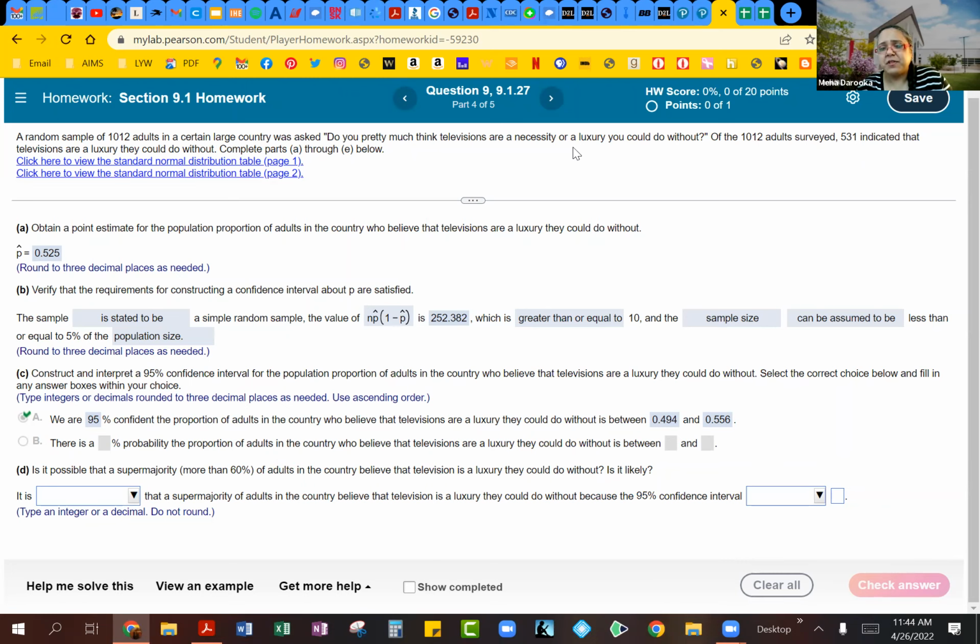Because where is our confidence interval? From 0.494, I think, to 0.556. 60% as a decimal would be 0.6. So looking at the confidence interval, is it possible that more than 60% of the adults in the country would say television is a luxury they can do without?